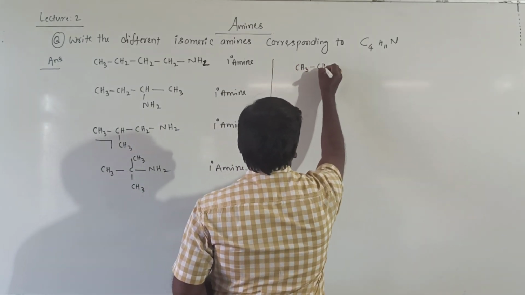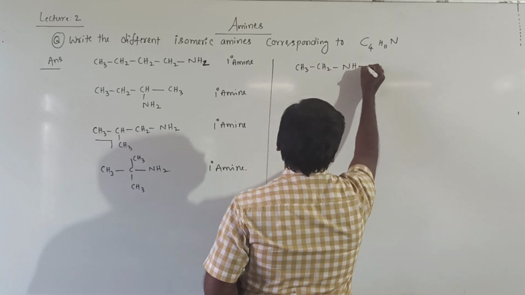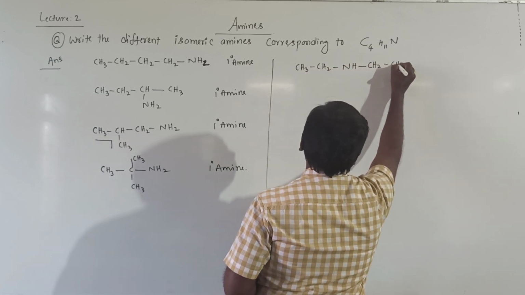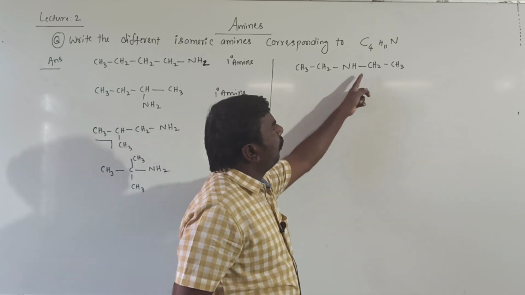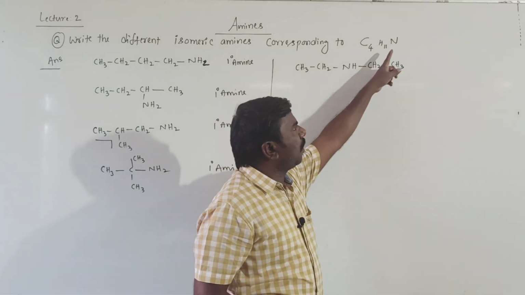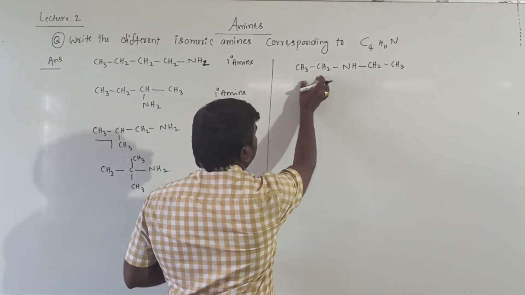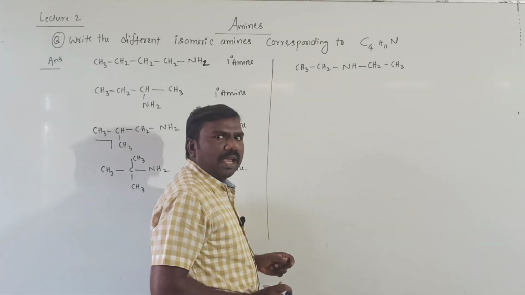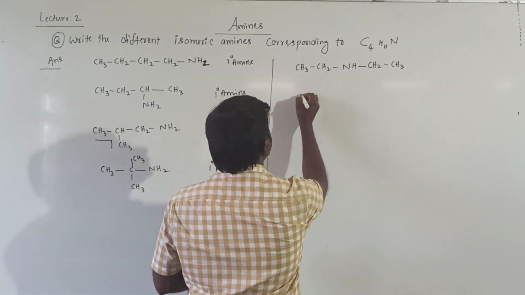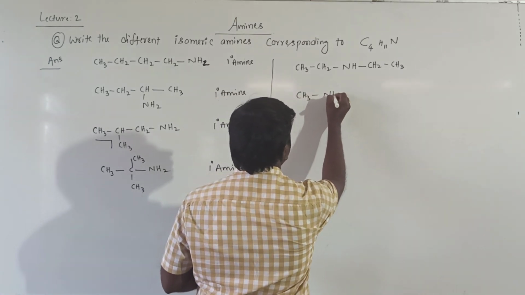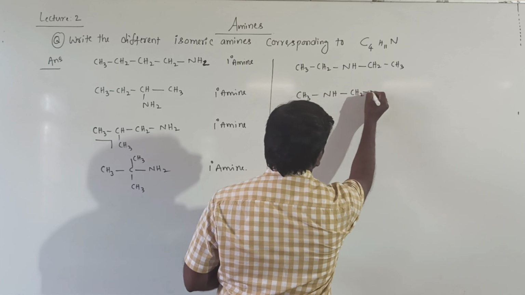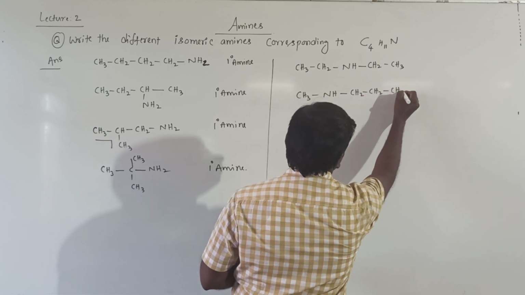CH3CH2NHCH2CH3, students. C4, N1, H11 again. It is diethyl amine. Next, CH3NHCH2CH2CH3.